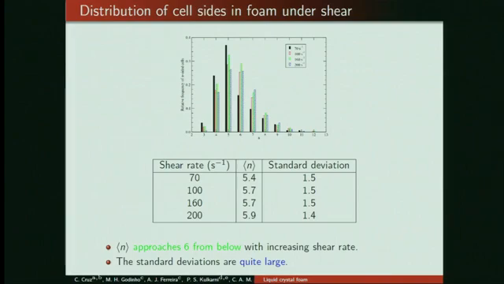And we see a clear effect of the shear rate both on the shape of the distribution and on the mean number of sides of cells. But what we see now is that there is huge variability. The standard deviation of the mean number of sides is now quite large, much larger than for the quiescent foam that we saw before.